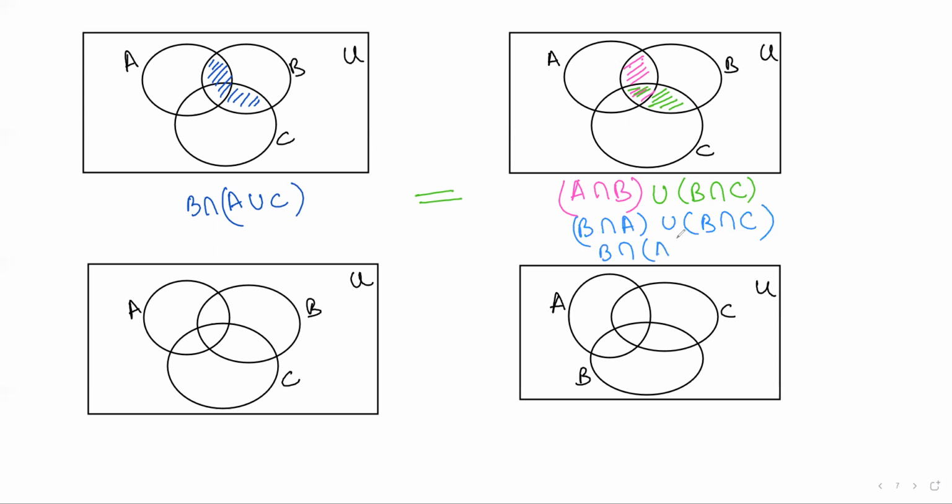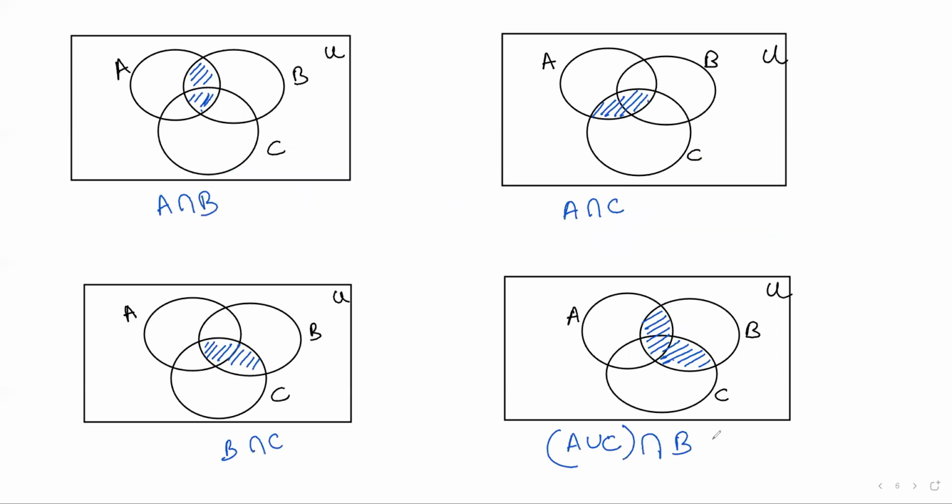A is left, union, and C. This is the distributive property. So let's write this explained form in the previous slide. This value can also be written as B intersection A union B intersection C, using the distributive property.